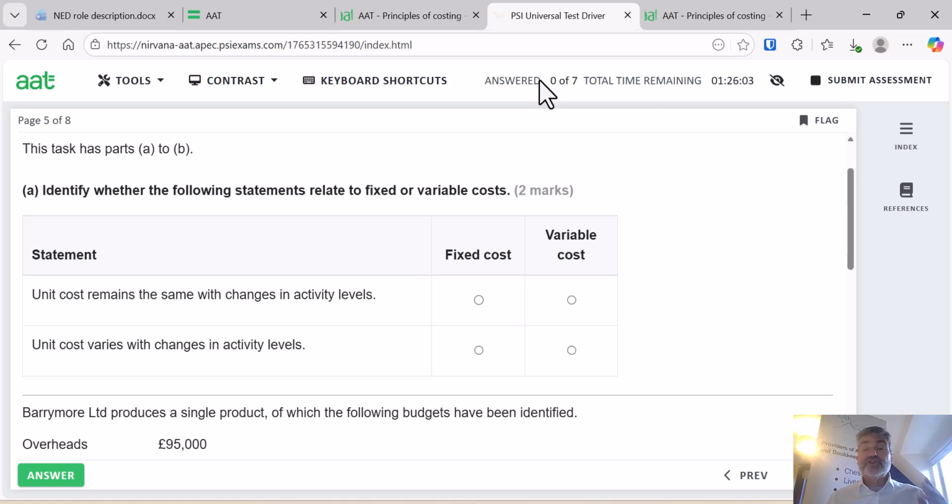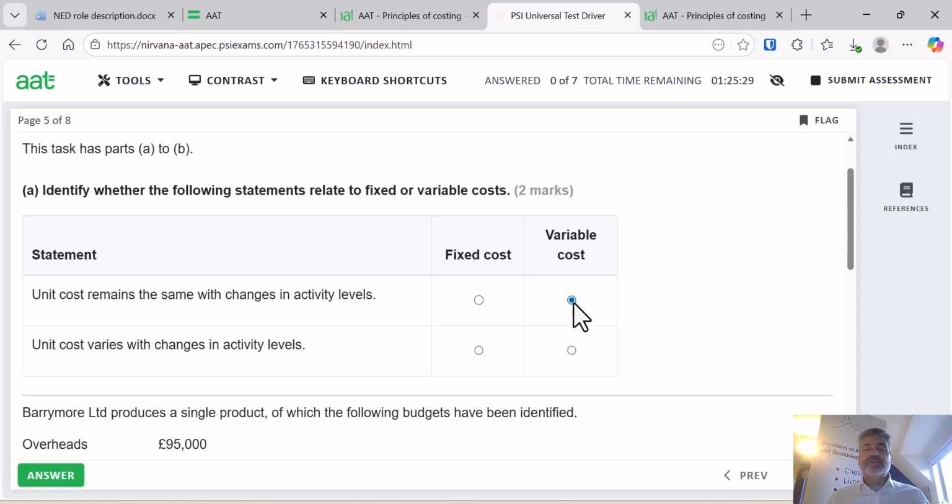If we make 2 tables, each table would cost £50 in timber, so the 2 tables combined would mean that the organisation was paying £100 for timber. So the total goes up, but the unit cost, each table's material cost in my example, remains the same. That is the definition of a variable cost, so let's tick that one. Let's have a look at the next one then.